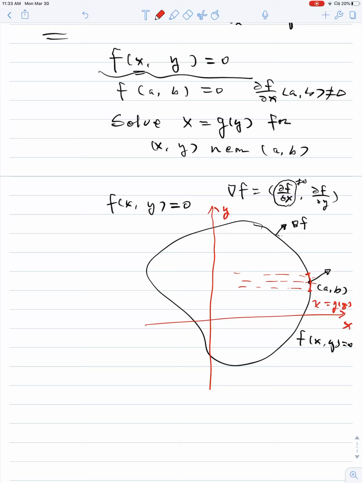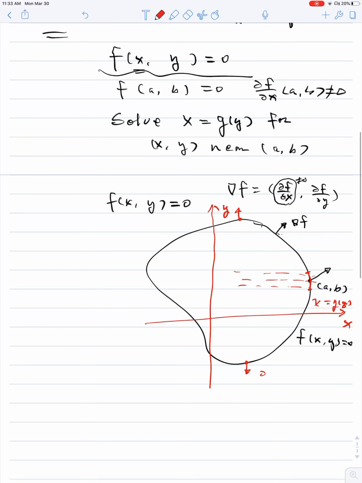Now, there are some points on this curve that you may not be able to solve for x in terms of y. Like these points here, you would not satisfy the horizontal line test. These are the points where df/dx equals 0.